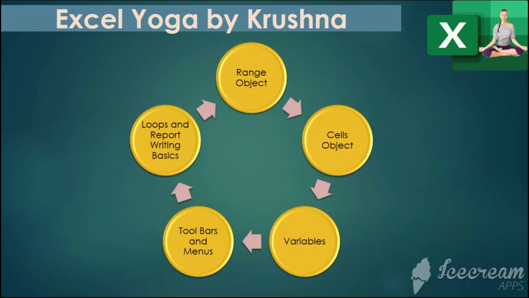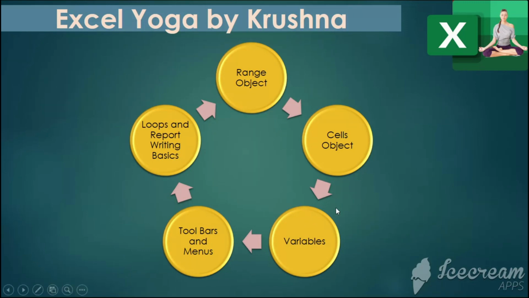I have divided this course into 3 parts. Let me tell you what I will teach you. In the first part, I will teach you what the range object and cell object are, which we will be using very frequently while making macros in Excel.